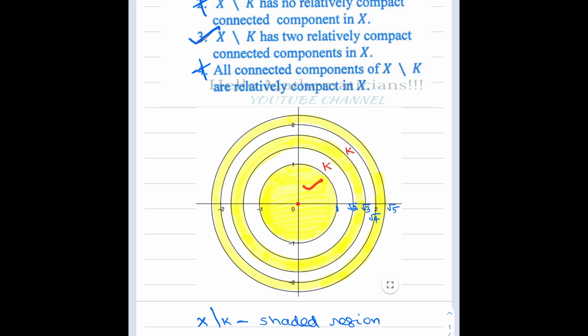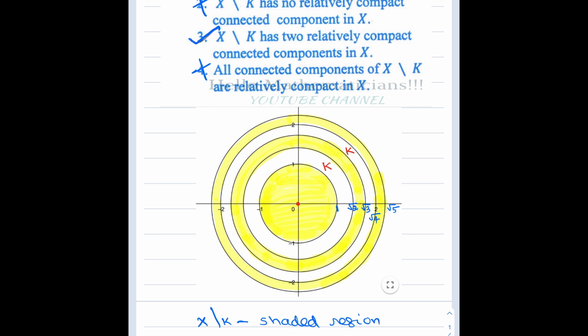So this closure is compact, therefore this is relatively compact in X. Again, this yellow color shaded region is also relatively compact in X, because when you take the closure, these two circles are included, so we get closed and bounded, therefore it is compact. Now we come to the third connected component. So this is relatively compact, this is relatively compact.